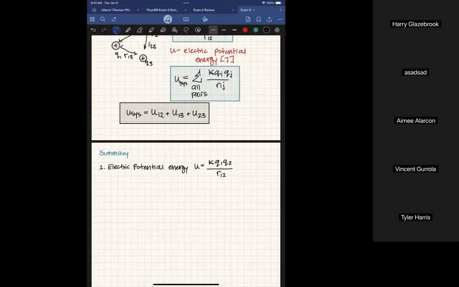And if I have multiple charges, it's just going to be the sum of the pairs, K Qi Qj over Rij. If I have electric potential, it's just K Q1 over R. These are both for our particles.